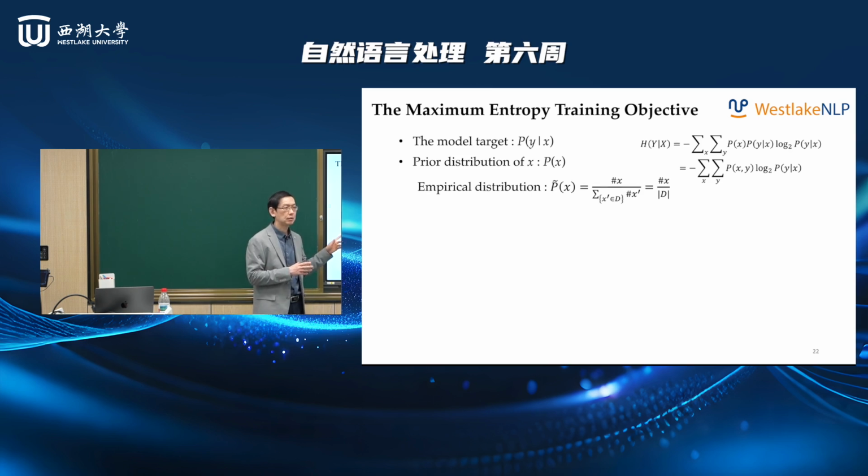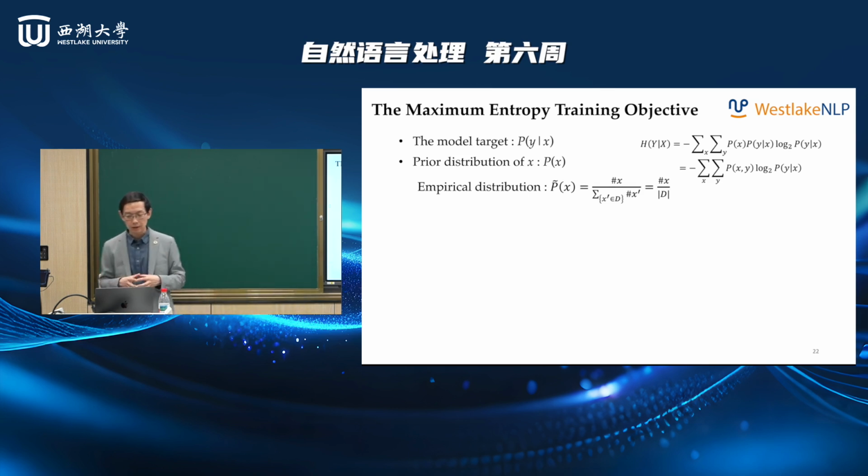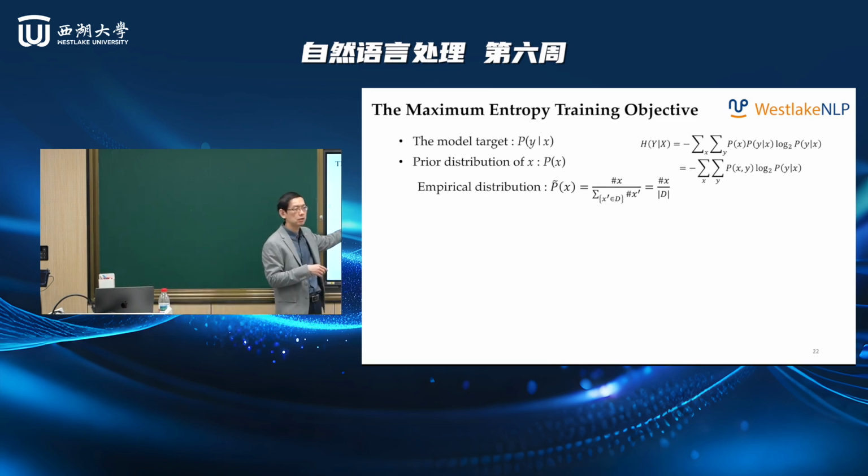But P(x), what is P(x)? P(x) is the probability of any input. We know nothing about it, so we cannot calculate P(x). How do we solve this problem? We can use P tilde(x) to approximate P(x).